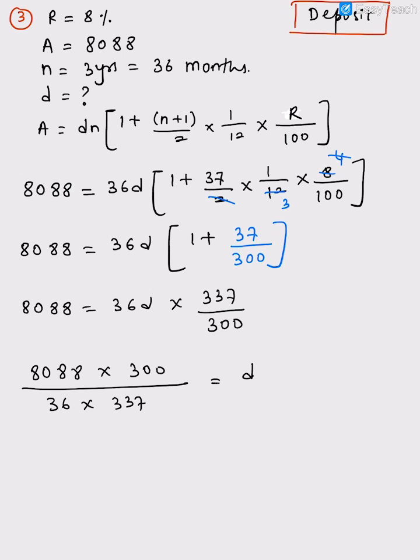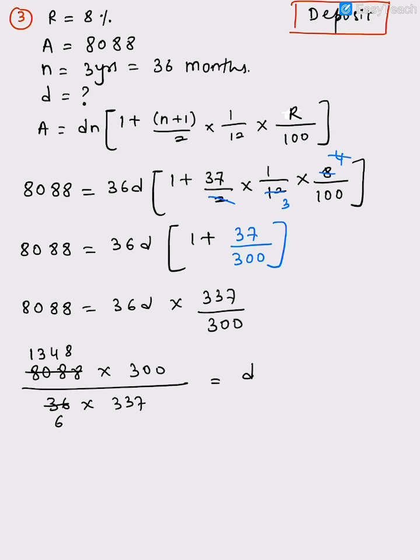Now guys, again we'll have to divide this. What can we divide here? 6 ones are 6, 6 threes are 18, 6 fours are 24, 6 eights are 48.